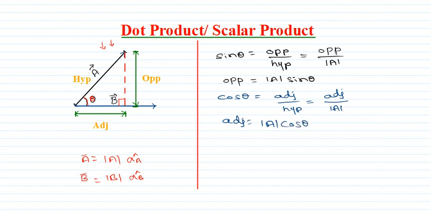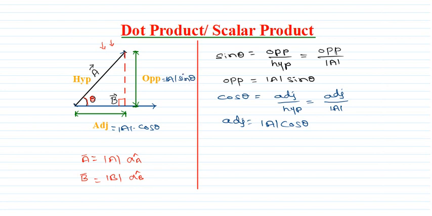So now I have the opposite side and the adjacent side. This adjacent is magnitude of A into cos theta, and this opposite is magnitude of A into sine theta.